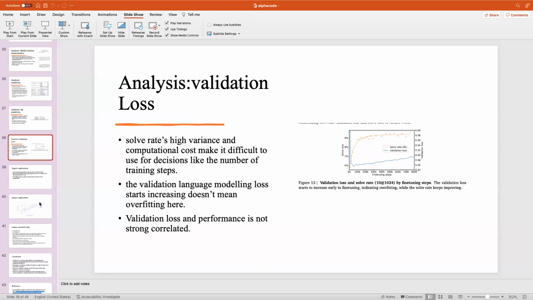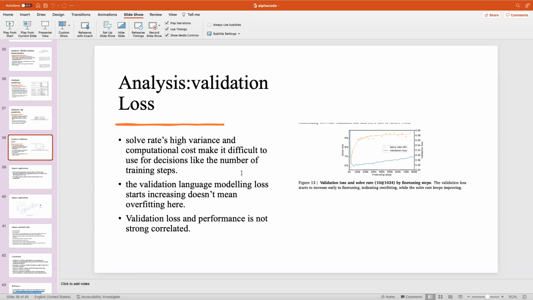And also they talk about some of the limitations of the model. So during training the model, they found that even when the validation loss starts to increase, the model is still not overfitting, since the test performance is still increasing. So they argue that the validation loss is not a perfect match for pre-training competitive programming models.